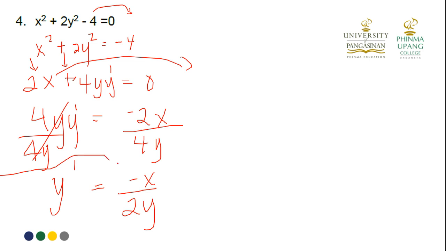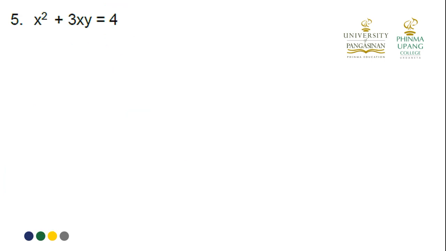So this is the final answer for number 4. Y prime is equivalent to negative x all over 2y because 2 and 4 are divisible by 2. So eliminated na sa taas yung 2 pero sa baba meron pang 2. Okay? Pag may tanong kayo, open lang po tayo ng microphone ha.